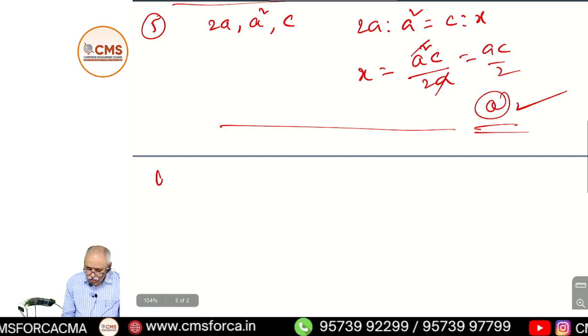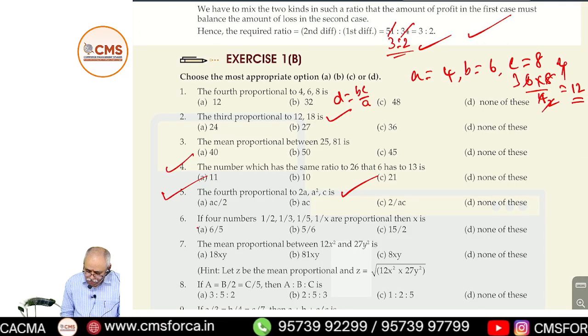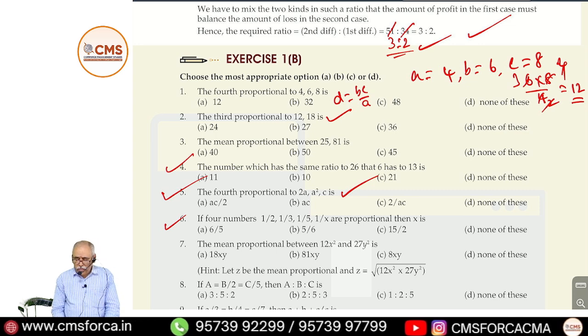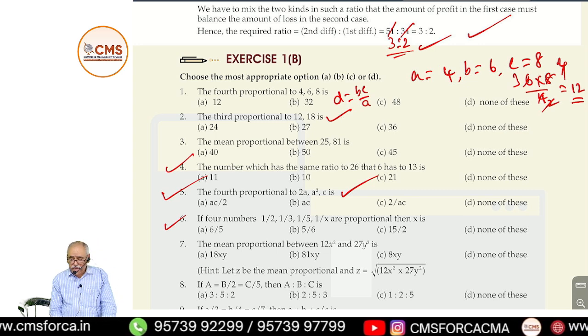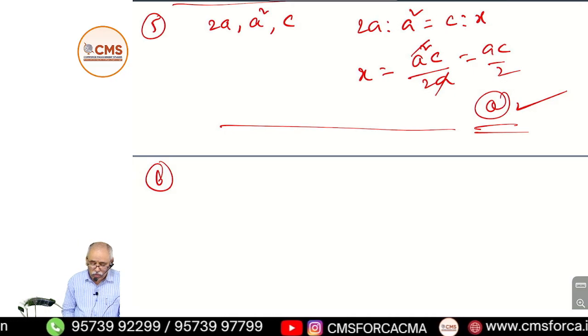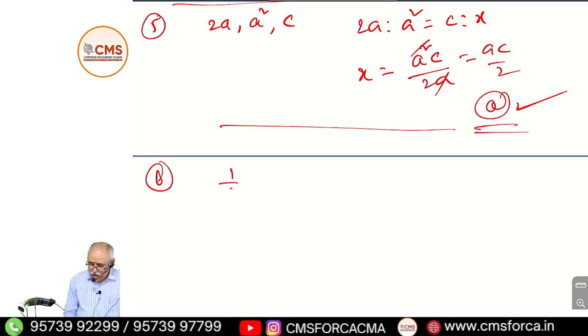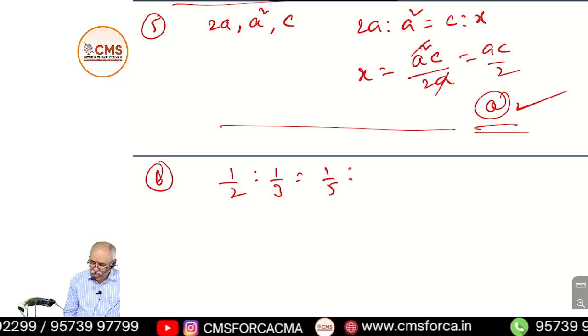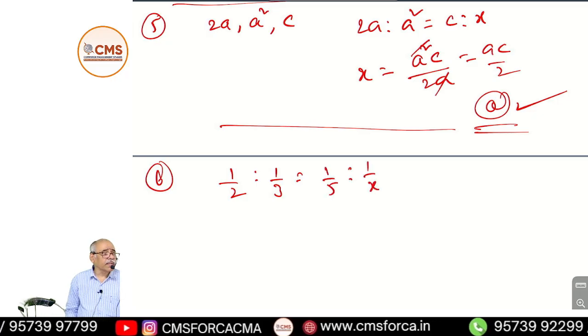Next, sixth one. Question number 6: if the 4 numbers 1 by 2, 1 by 3, 1 by 5, 1 by x are in proportion, then x is equal to what? 1 by 2 is to 1 by 3 equal to 1 by 5 is to 1 by x.